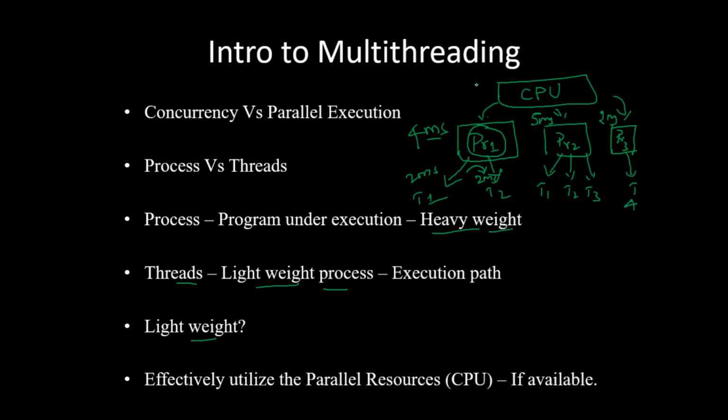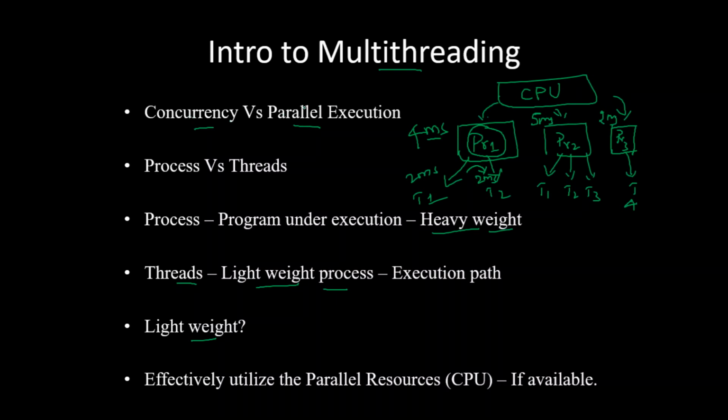Okay. So we are going to discuss about multi-threading in Java. That is how to create more than one thread, and how to ensure that all these threads are getting executed either in a concurrent fashion or in parallel fashion. This concurrency or parallelism is not in our control. It depends on the number of CPUs available. If you have only one CPU, these multiple threads will execute concurrently.